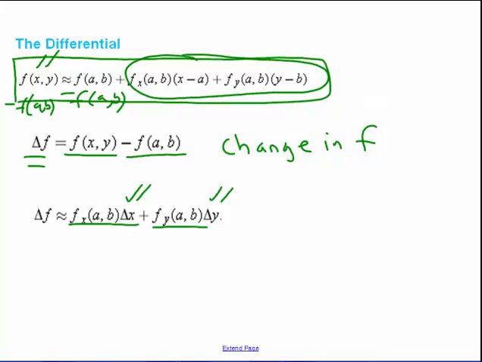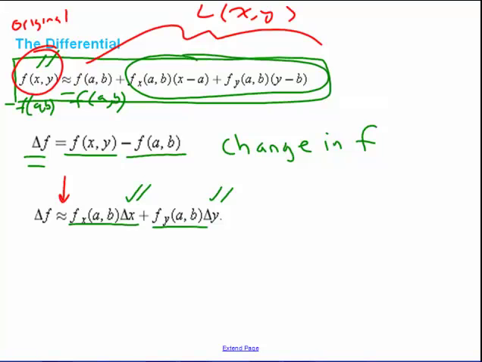And a key thing is that these aren't equal. They're approximately equal because our function is just an approximation. It's not exact. Remember, this is my original function, and here is my linear approximation.